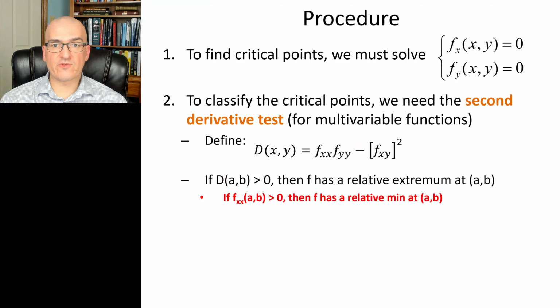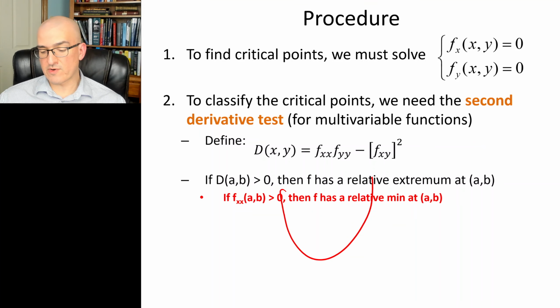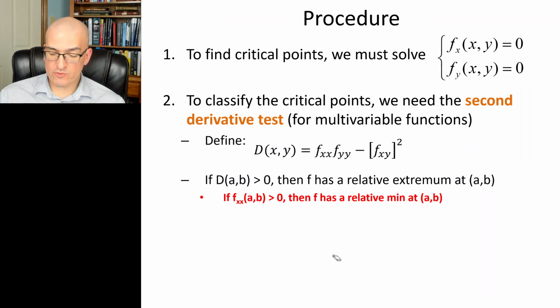If you just take f double x and plug the critical point into there, if f double x is positive at that critical point, it means the function is concave up there. Concave up is this shape, which is the shape of a function around where it has a local minimum. Now, super important, you can't go straight to the f double x. You have to first do the capital D function.